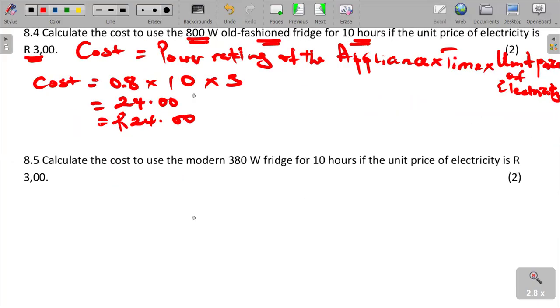And then calculate the cost to use the modern fridge for 10 hours if the unit price is this one. So we are just doing the same thing again.